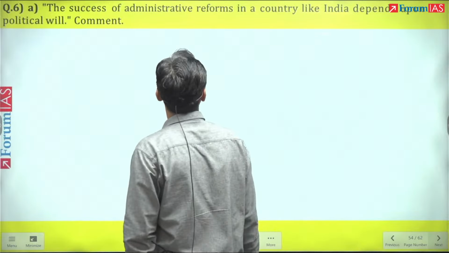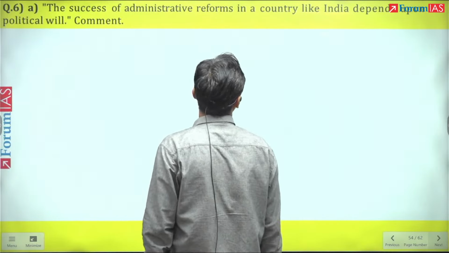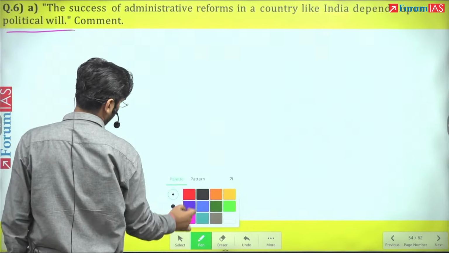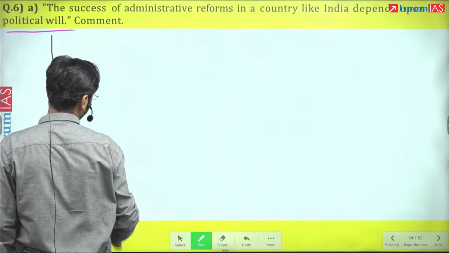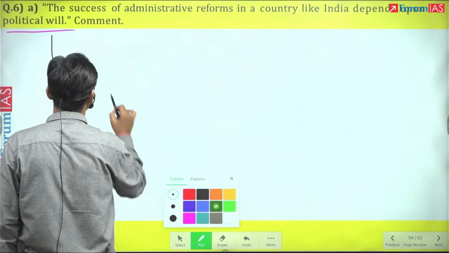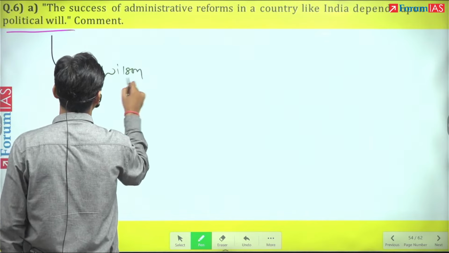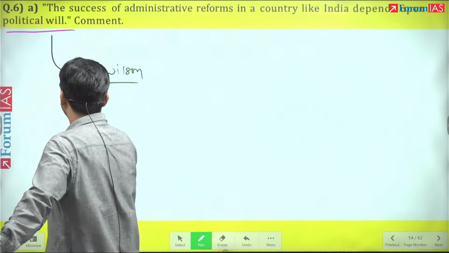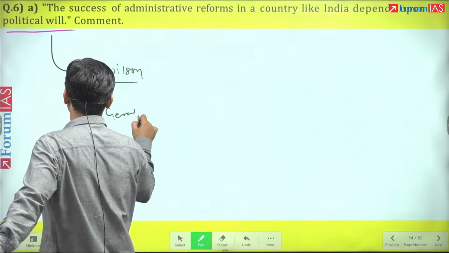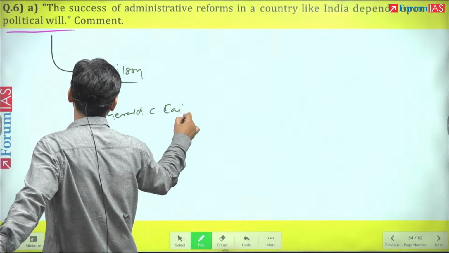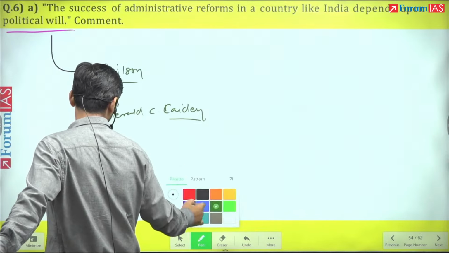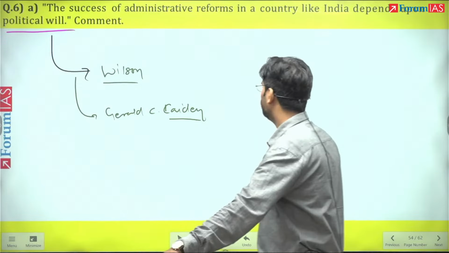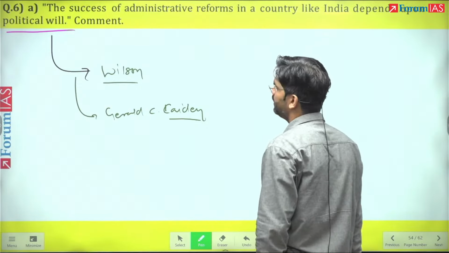The success of administrative reform in a country like India depends upon political will. The discipline of public administration itself is a product of administrative reform demanded by Woodrow Wilson. You can bring Gerald Caiden. You can give the definition of administrative reform argued by Gerald Caiden.